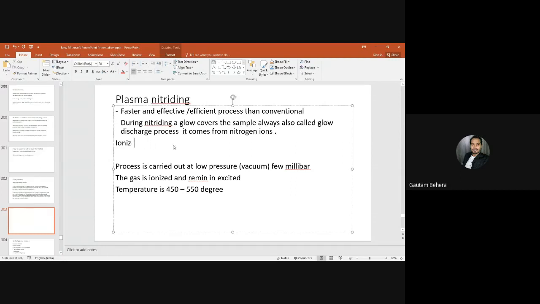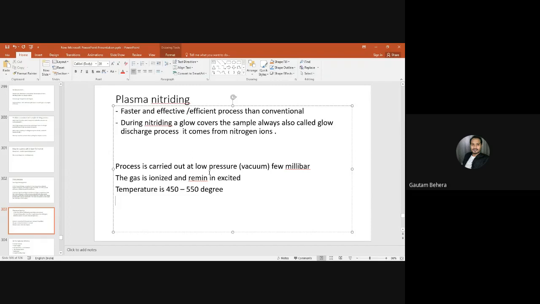So to understand, ionization is taking place here, right? And this nitrogen ion is getting bombarded onto the surface of the steel, right? It is a very fast, efficient process. Plasma nitriding is carried out at a very low pressure. That means you need a chamber or furnace in which vacuum can be created.